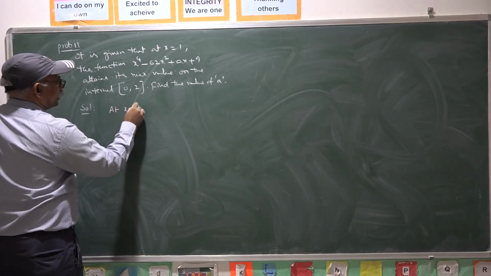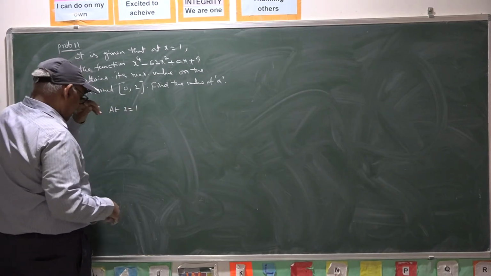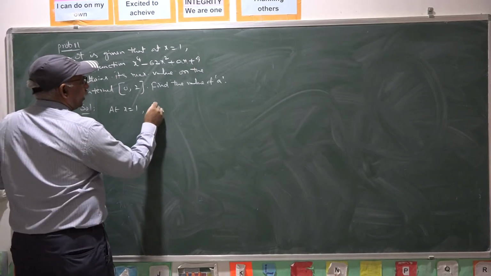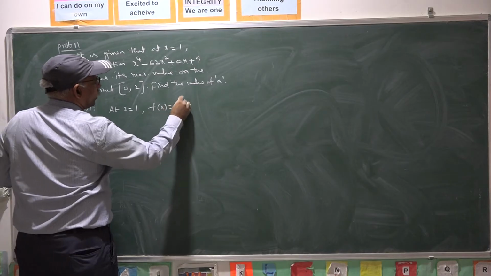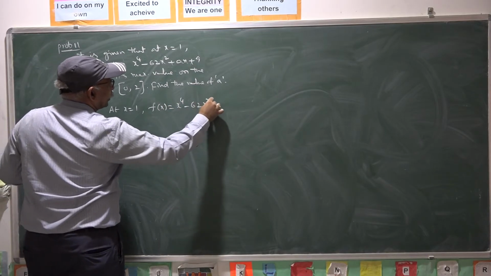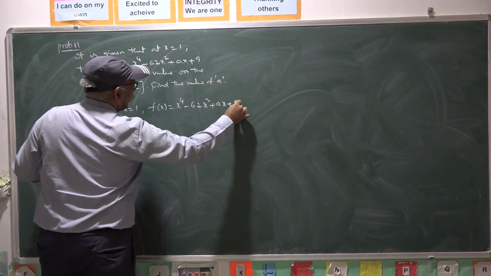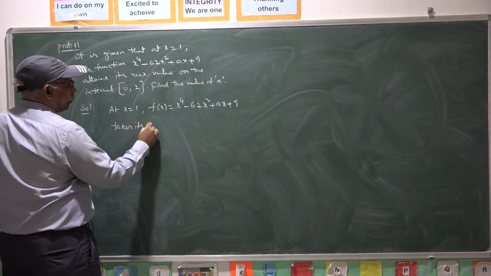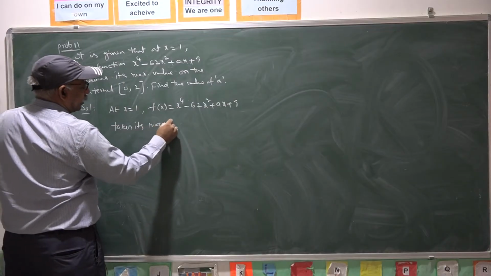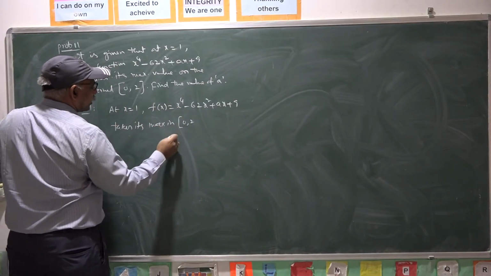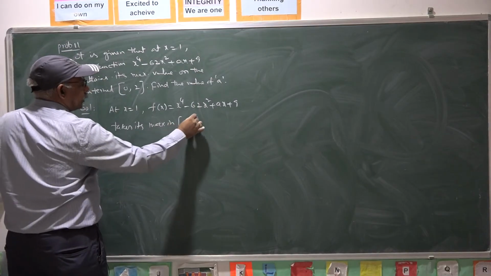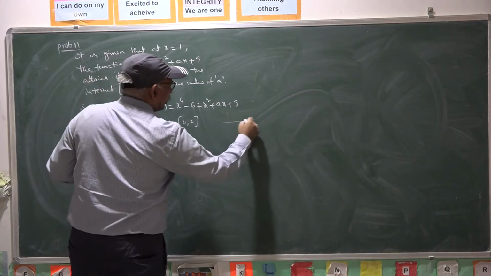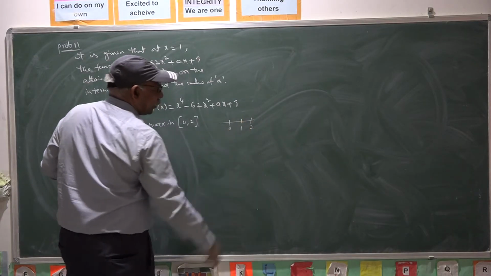At x equal to 1, f(x) equal to x power 4 minus 62x square plus ax plus 9 takes its maximum in the interval 0, 2. Clearly 1 lies between 0 and 2. Here in the interval 0, 2, 1 is the point.